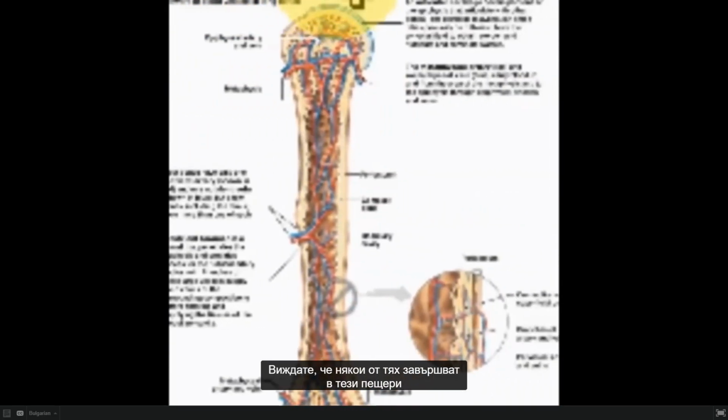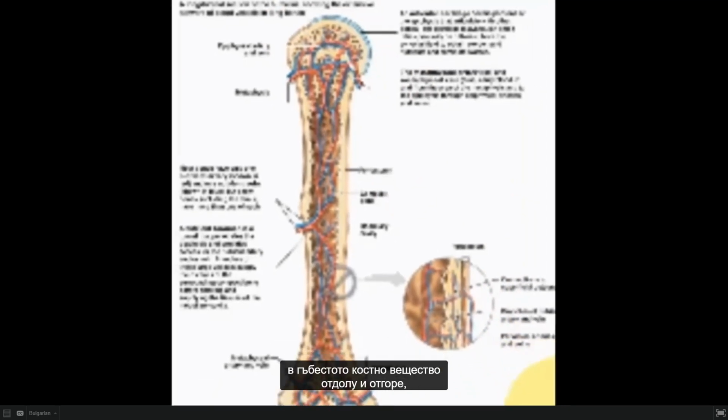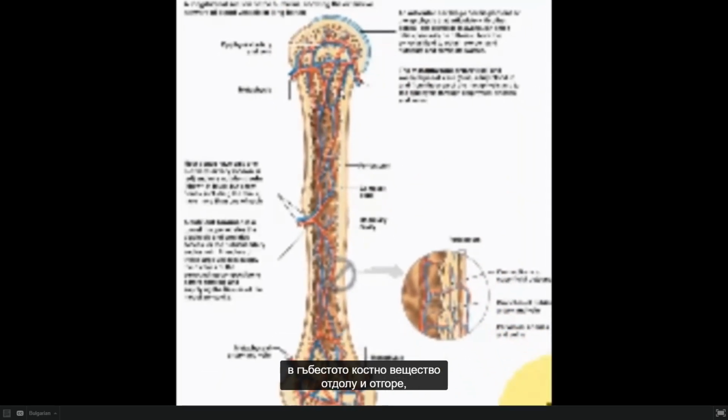Actually, you see some of them just finish in these caves in the spongy part, at the bottom and the top, and then go through all the marrow bone just to feed it. And again, they pass by the spongy part on the wall.